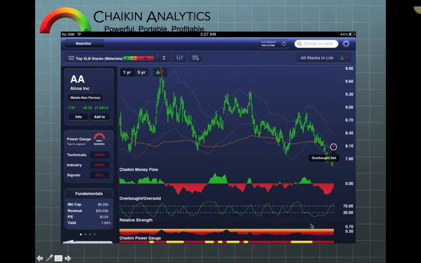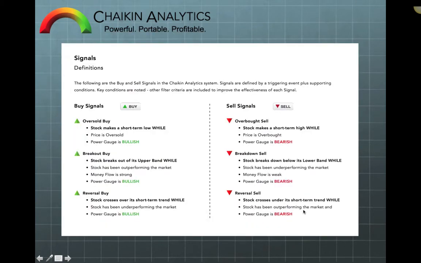And before I get into these indicators, I want to review the sell signal, because this sell signal will incorporate most of these indicators. So we're over here, and this is going to be an overbought sell signal. The overbought buy and overbought sell signals are one of my favorite. I would say this one, and then the reversal.